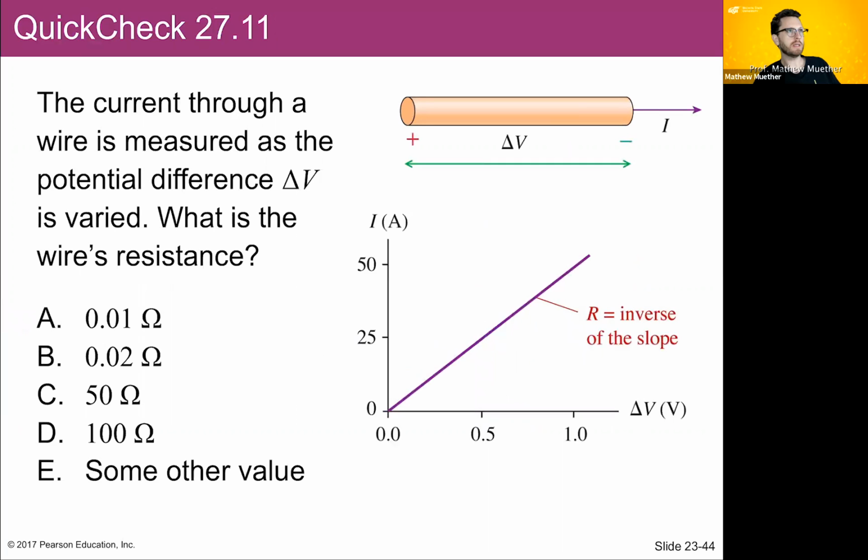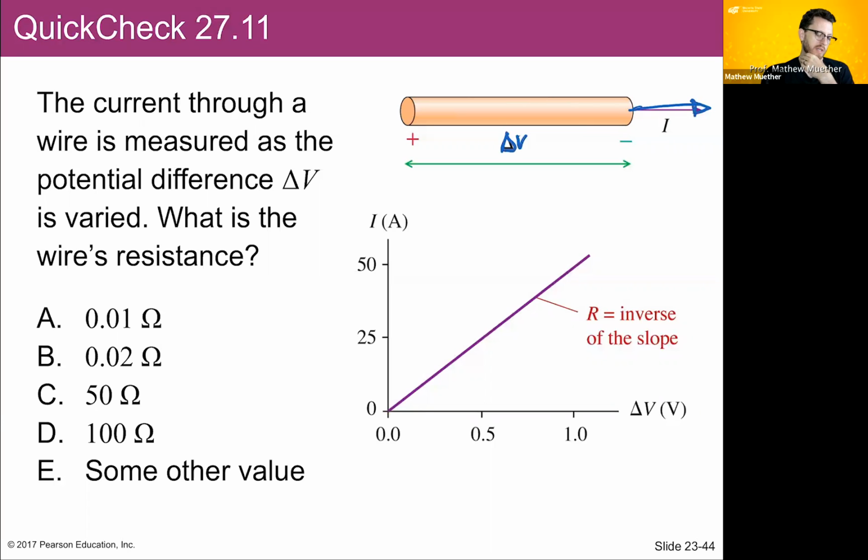Let's keep going. So now let's come to Ohm's law. Here we have a piece of conductor, and we see that there's some potential difference across this piece of conductor, and it's producing some current flowing through it.